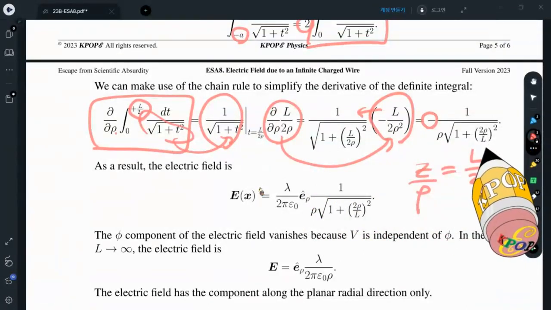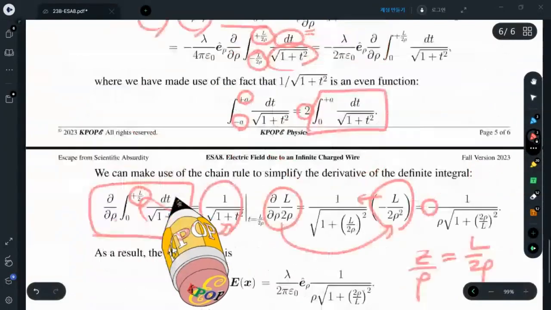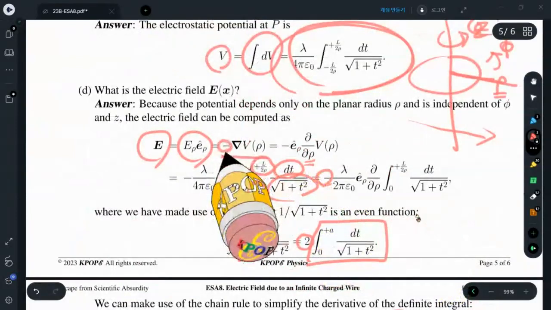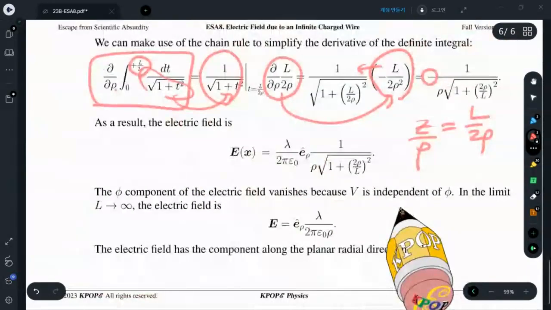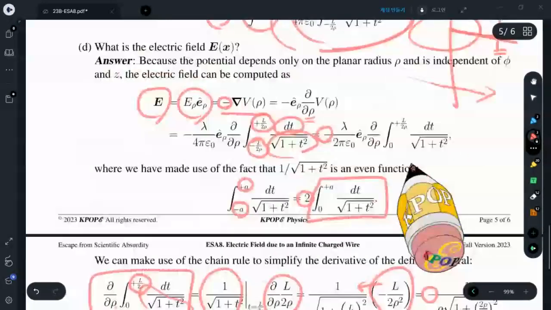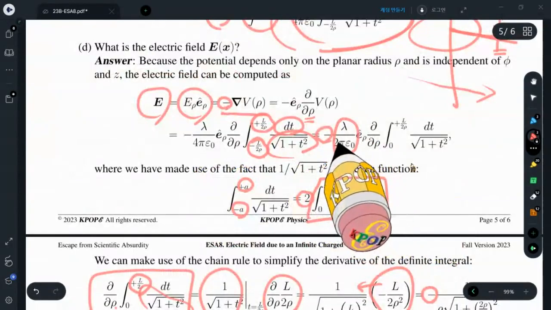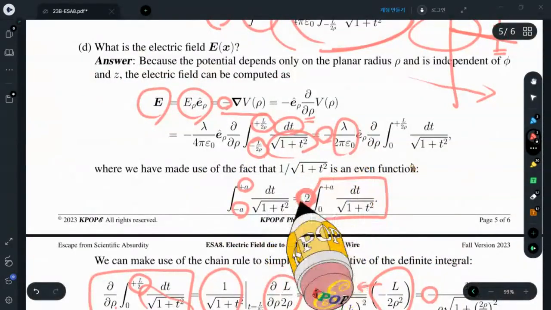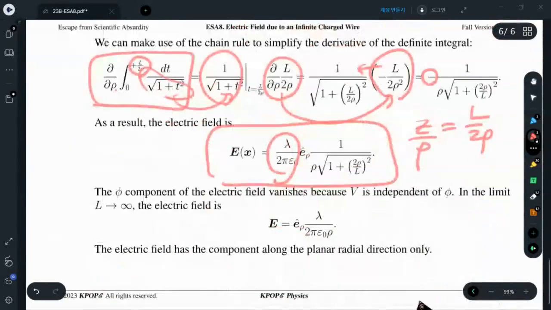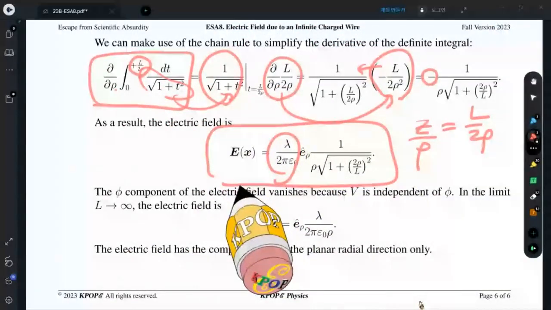Now we have a 1 over rho dependence, and the negative sign cancels the negative sign coming from the minus gradient. Therefore, our prefactor is lambda over 2 pi epsilon 0. The factor of 2 cancels because of the even function; the integrand is an even function. And this is the general form of the electric field.